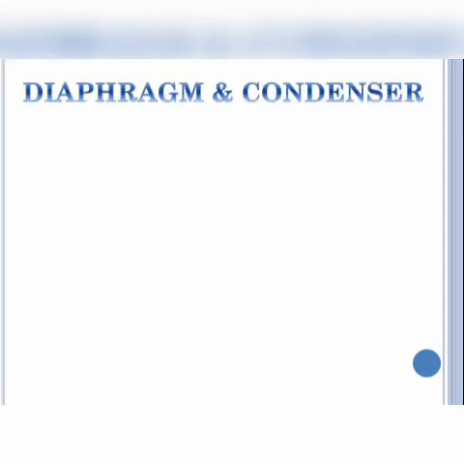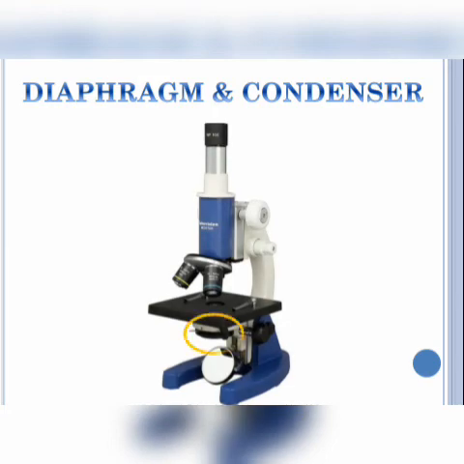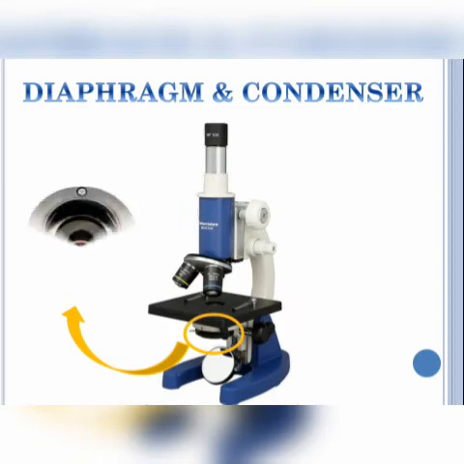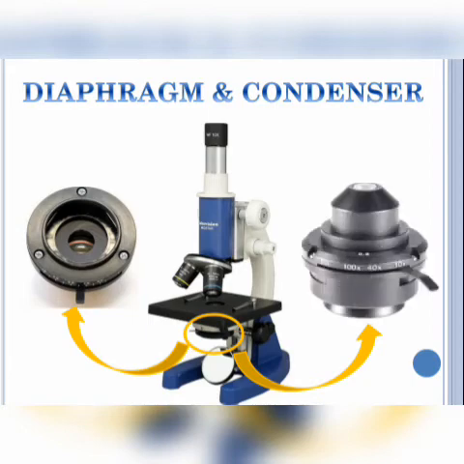Next is diaphragm and condenser. Diaphragm is present below the stage and controls the amount of light reaching the specimen, and the condenser is located below diaphragm and is used to collect and focus the light from the illuminator, which is generally our sun.